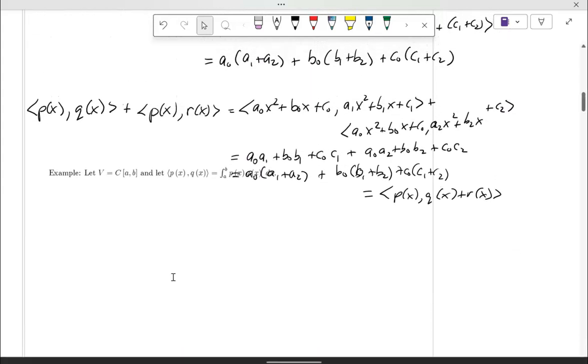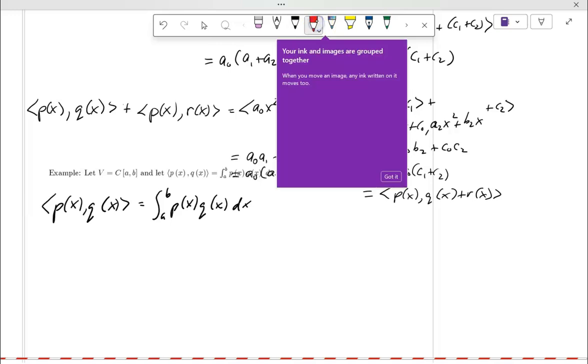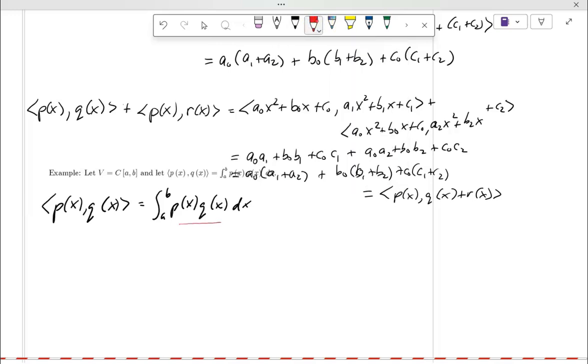Let's look at why this is true, why it satisfies those axioms. So again, if I have the inner product of P and Q, I want to make sure that's the same thing as the inner product of Q then P. Well, the definition says that I'm integrating the product of those two functions, but inside here this is just multiplication of two functions.